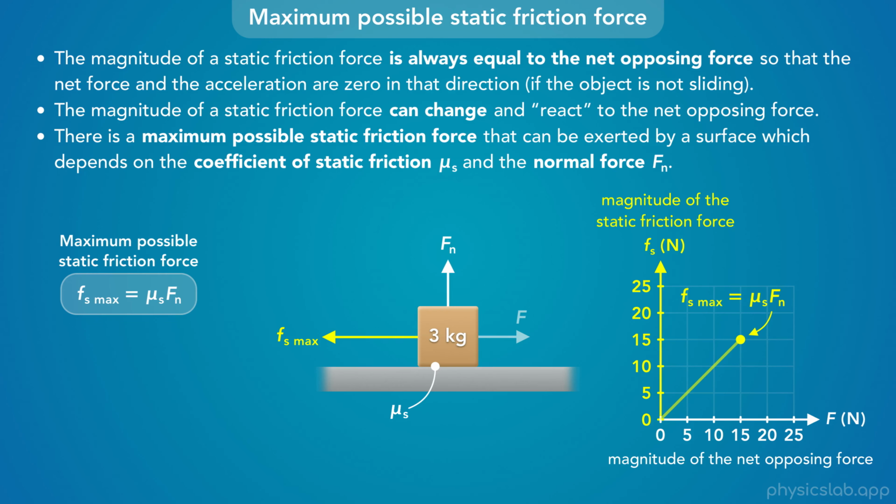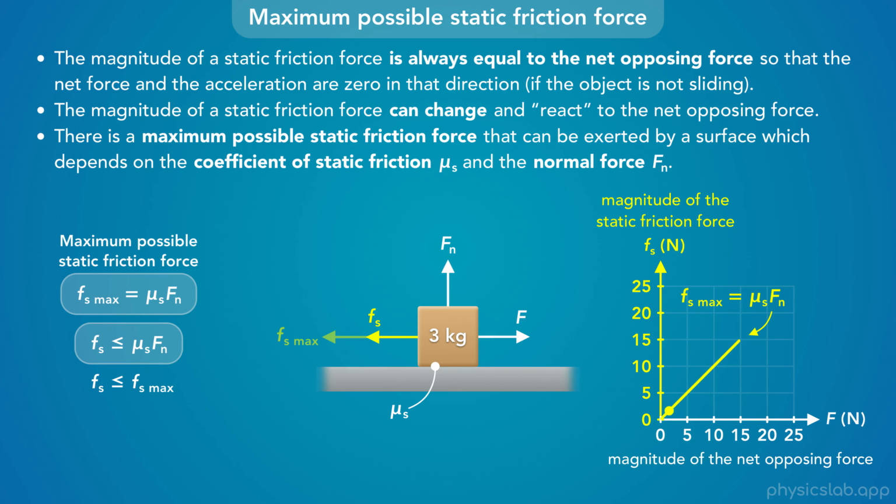You might also see this equation written like this, which says that the actual static friction force can be less than or equal to the coefficient times the normal force. Or put another way, the actual value of the static friction force is less than or equal to the maximum value, which makes sense. We can see this in the graph.